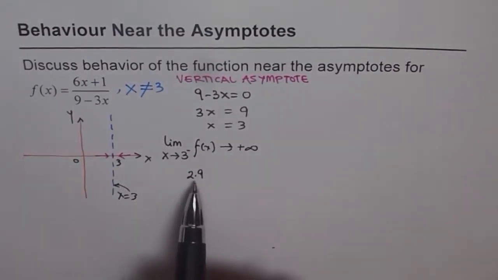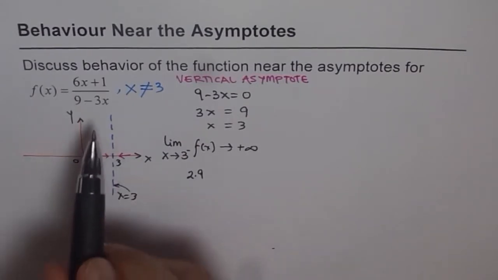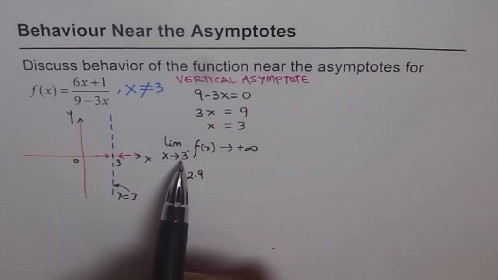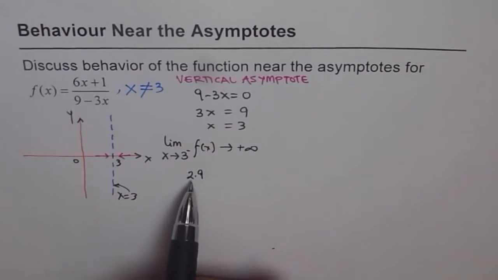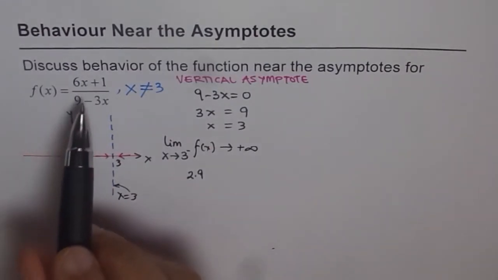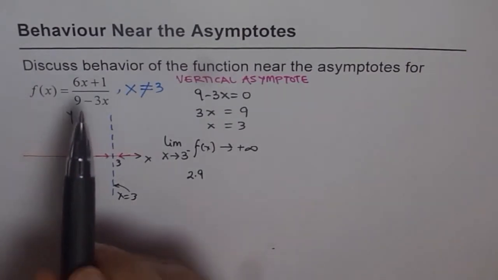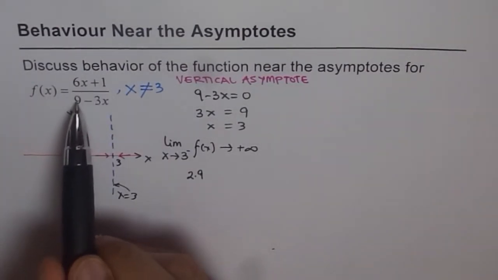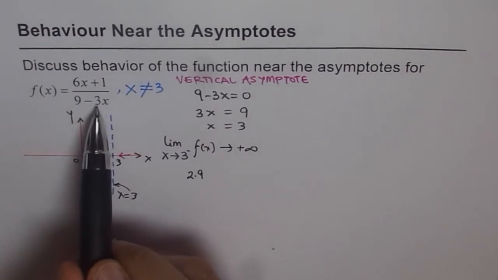So that is how you can test it out. Just plug in a value just a shade smaller than 3, let's say 2.9. We call this a test point. When you substitute x with 2.9, the numerator will be positive, and the denominator will also be positive, 9 minus something which is less than 9.